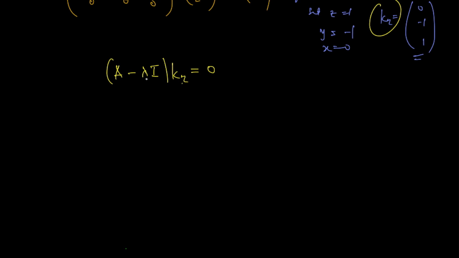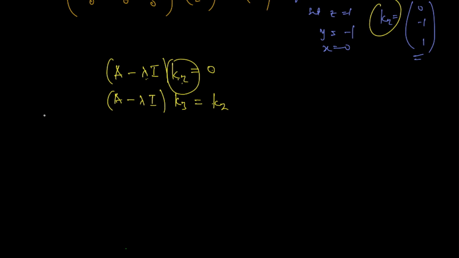That is, k2 is the eigenvector that corresponds to this lambda. That is going to help us in finding the last one, k3. Now k3 must satisfy A minus lambda I times k3, and instead of 0, we're going to write the last eigenvector we got before, that is k2. That's what we're going to use to find the next one.